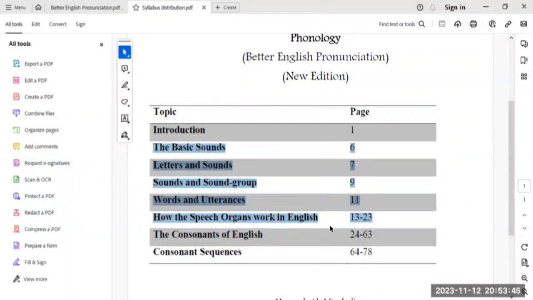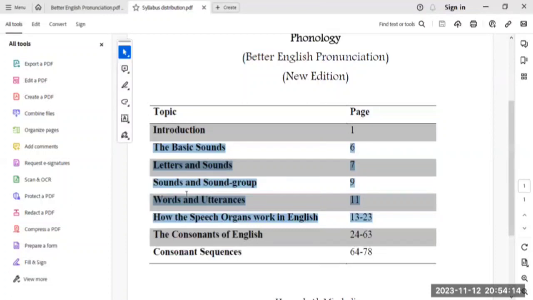Any question, guys, for today? The exam will include these topics. Multiple choice. When is the exam date?